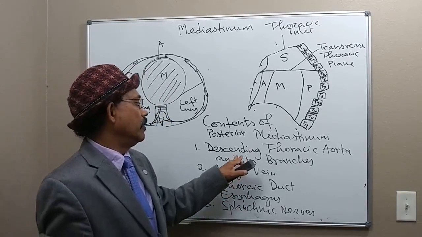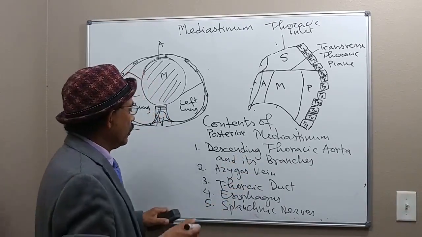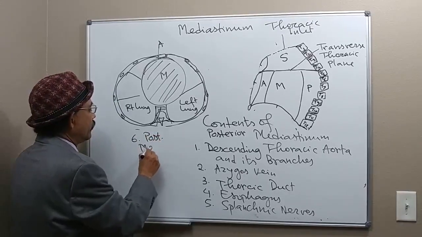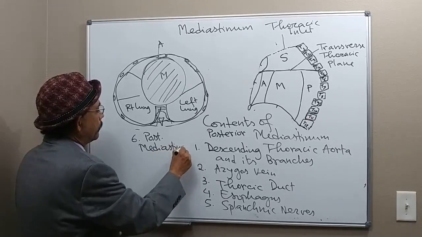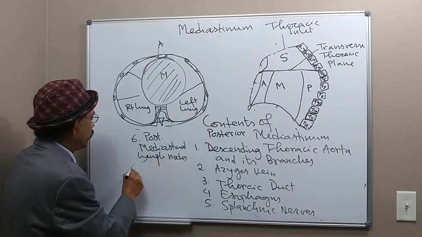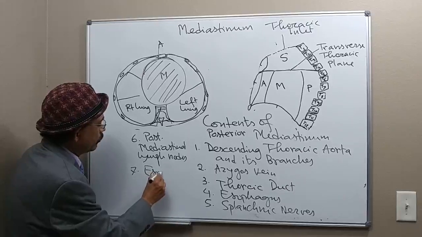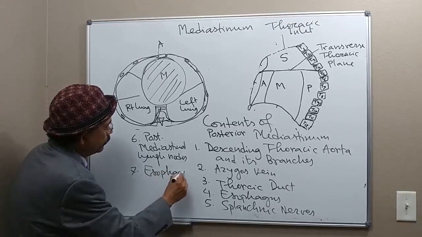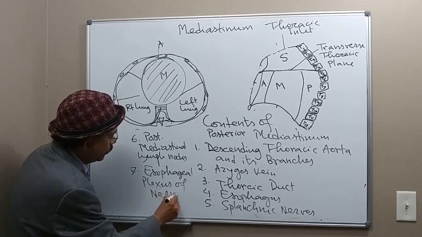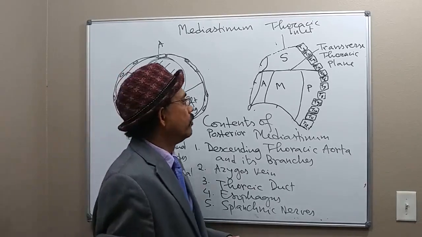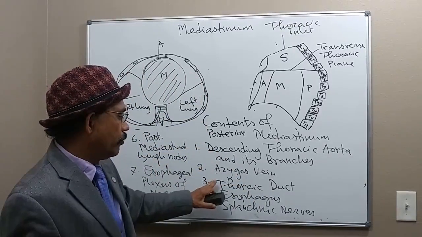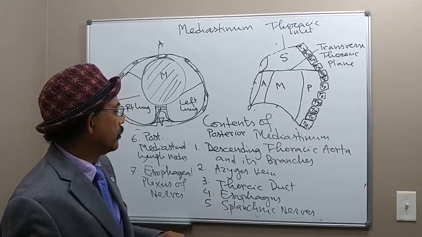We have the descending thoracic aorta and its branches, and certainly the posterior mediastinal lymph nodes and the esophageal plexus of nerves. So we have artery, vein, lymph nodes, thoracic duct, esophagus, and the splanchnic nerves.